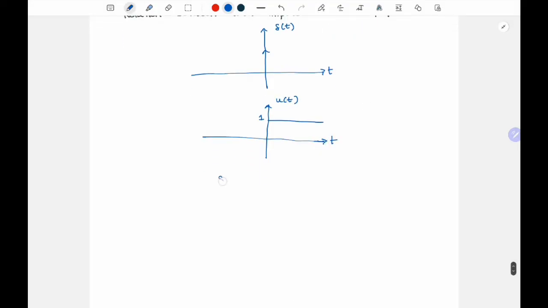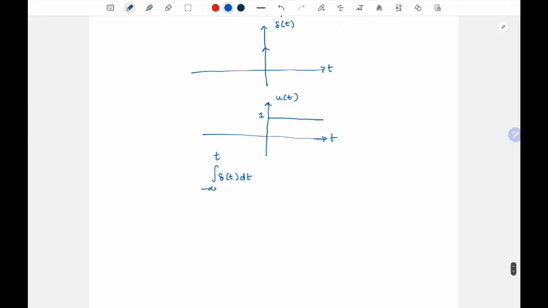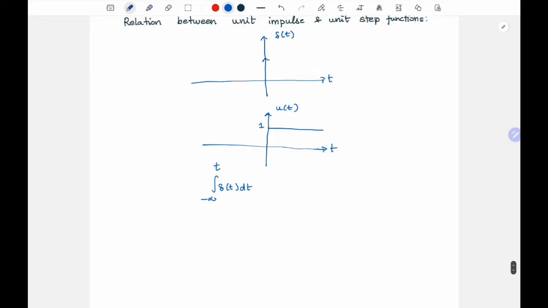So now if you just take delta of t dt and integrate it from minus infinity to just t, now you are giving t as a variable itself. So what happens? Okay, so for t less than 0, then you are integrating from minus infinity to some t here. So what will be the value?